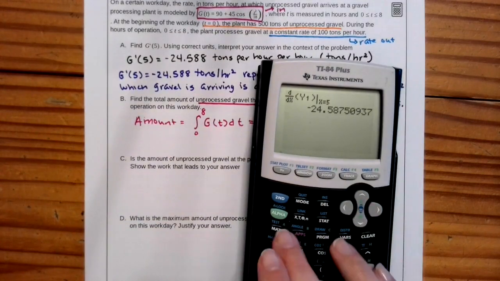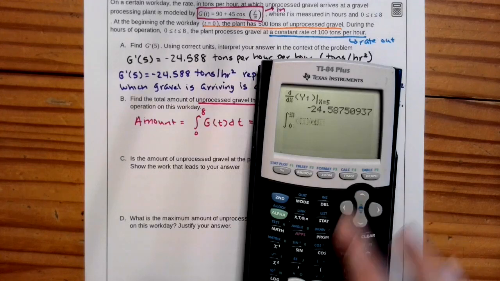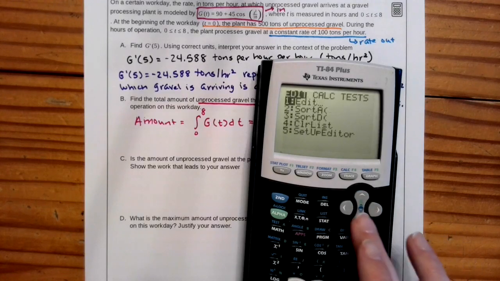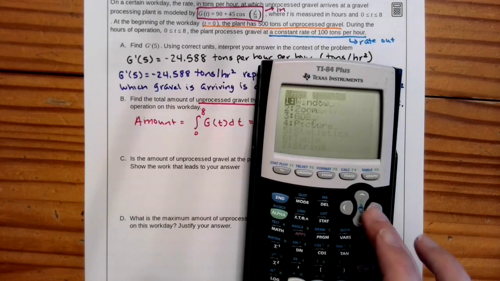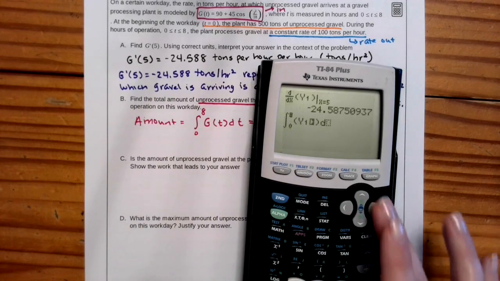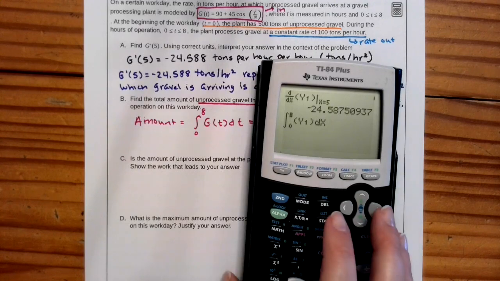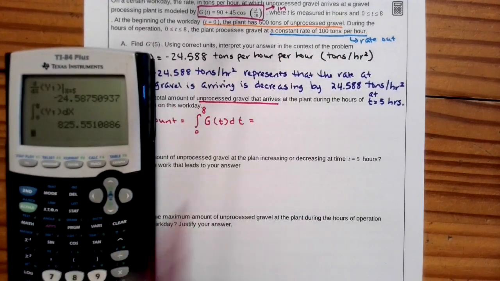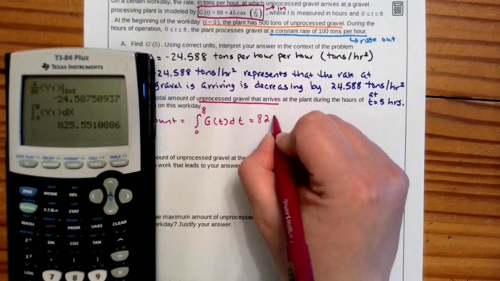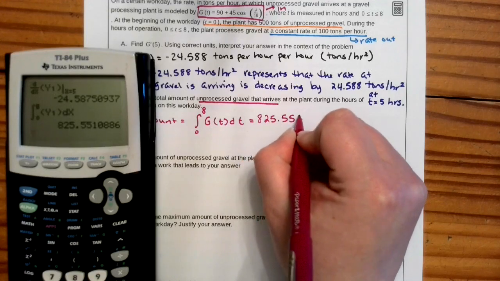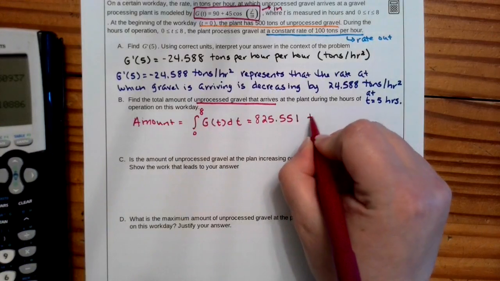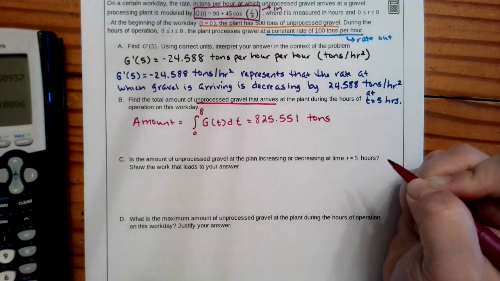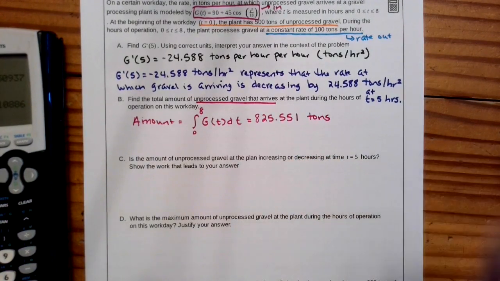We do math 9 from 0 to 8 of y1 with respect to x, and we get 825.551. This would be tons because we're talking about the amount of gravel.